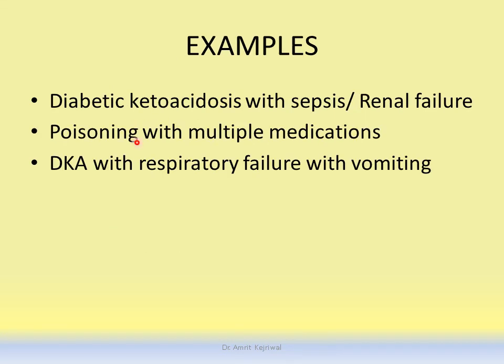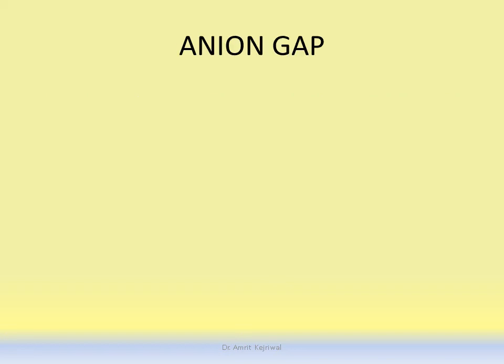Examples of mixed acid base disorders are diabetic ketoacidosis with sepsis with renal failure, or poisoning with multiple medications, or diabetic ketoacidosis with respiratory failure with vomiting. In these, the carbon dioxide and bicarb will not move in tandem, and it can be seen when we analyze the ABGs.